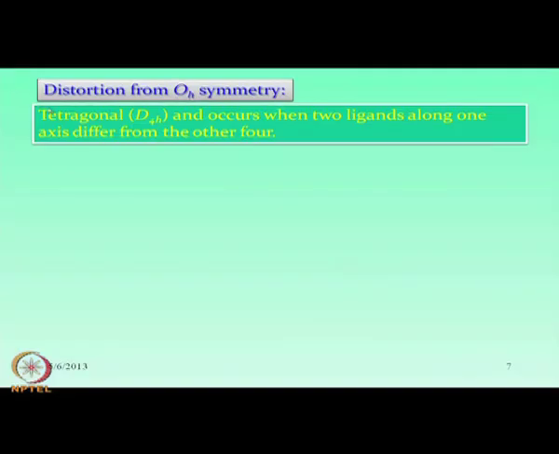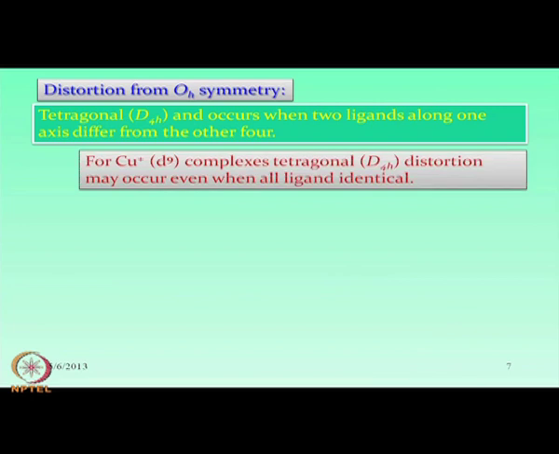So, we have 2 types of tetragonal distortions. One is the tetragonal distortion like that what we have just seen, where the symmetry can change from OH symmetry to D4H symmetry when 2 ligands along one axis differ from the other 4. We were discussing that the 2 cobalt chlorine bond lengths are different, longer compared to the 4 cobalt nitrogen bonds in one particular plane.